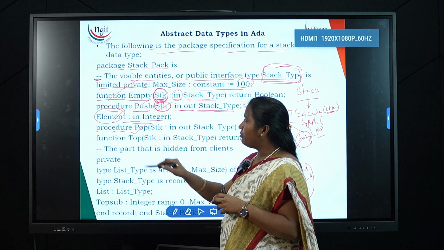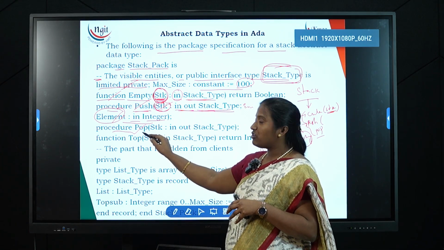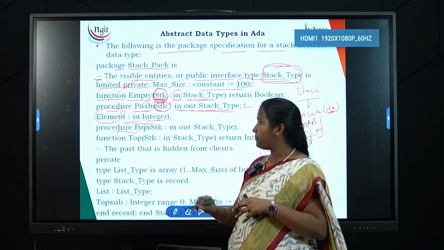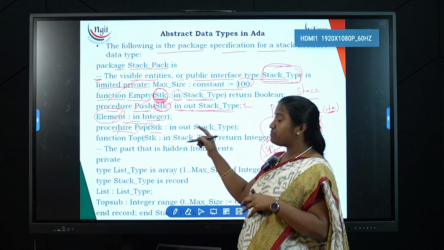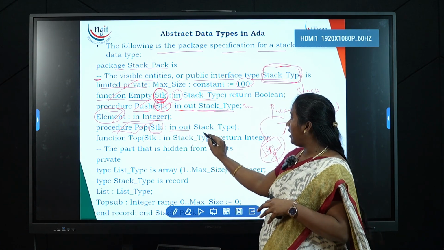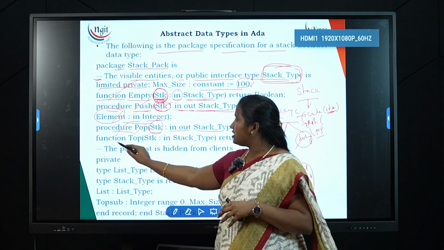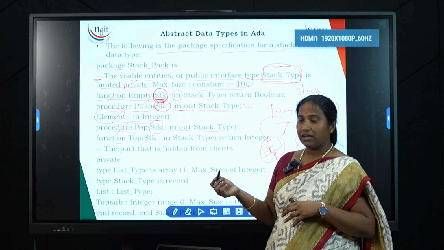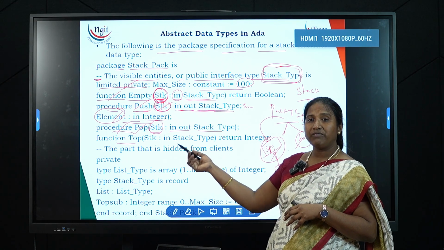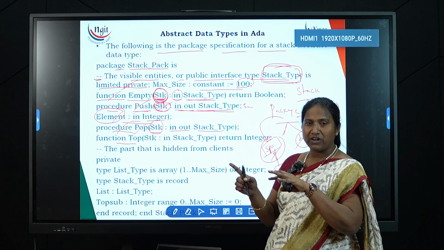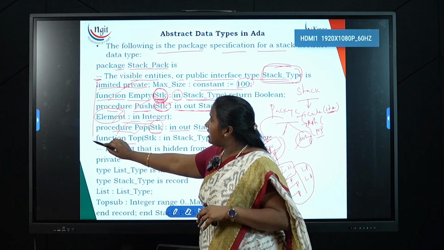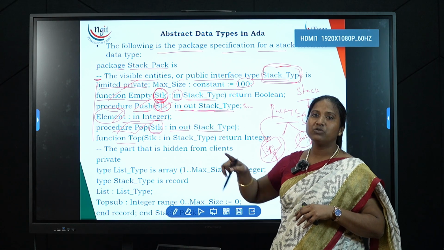The other one is what? Procedure pop. It also does not return any value because I have mentioned it with the name procedure. And STK is the parameter. The value of this parameter will be from in out mode, and this is the class name. Now function top, to return the top of the stack. Now observe carefully, wherever I wanted to return a value, there I have used the term function to say it is a function and it returns a value. And now these are what is actually visible to the user.